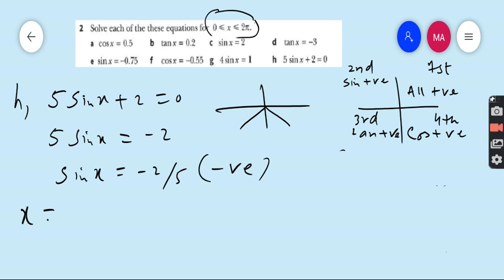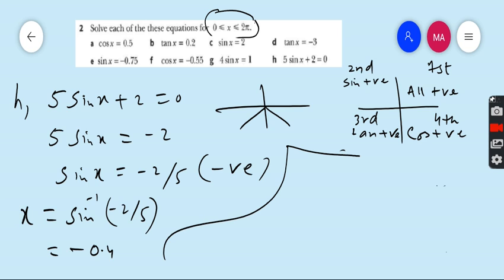Very easy. x is equal to sine inverse minus 2 upon 5. Find this value with the help of calculator. The answer is minus 0.41.